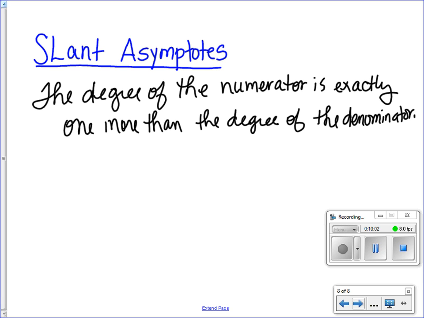Degree of the numerator is exactly one more than the degree of the denominator. Can you have a slant asymptote and a horizontal asymptote in the same problem? Why not?